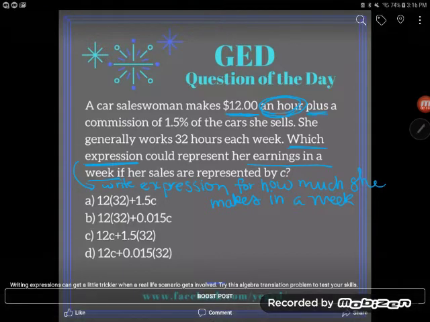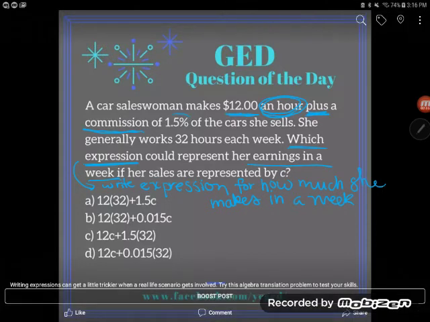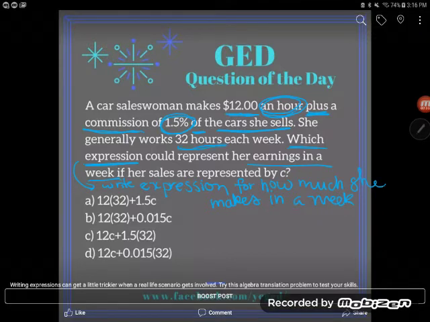Plus, she makes a commission. And then look at that commission. It's interesting the way they phrase this. It says that she makes a commission of 1.5% of the cars she sells. Probably of the value of the cars she sells, but 1.5% of the money that she makes selling cars. Okay, and then I see that she generally works 32 hours in a week.